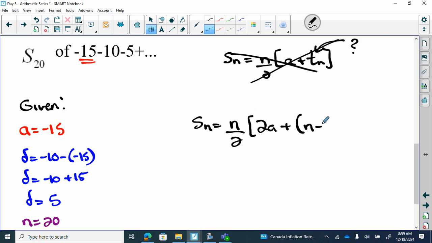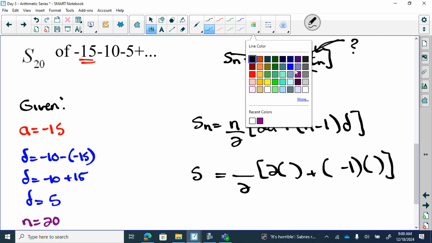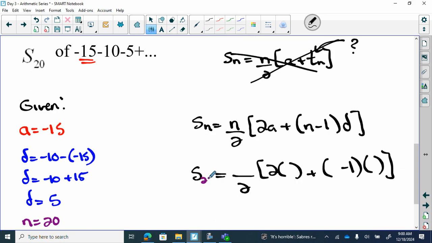2a plus n minus 1 times d. You're going to replace the n's with 20s. You're going to replace the a with a negative 15. And you're going to replace the d, common difference, with a 5. So that n is becoming a 20.